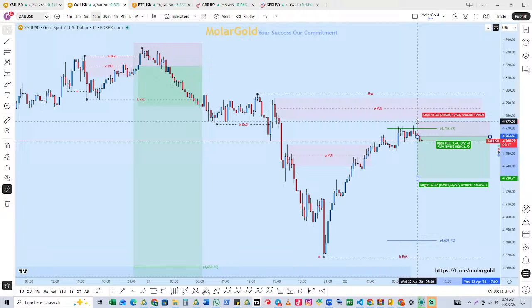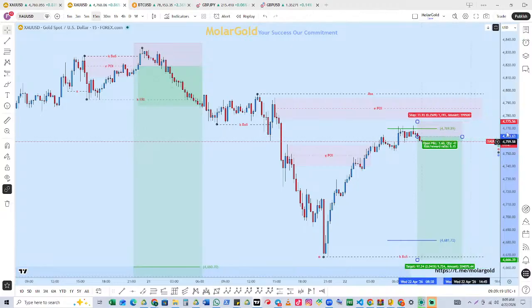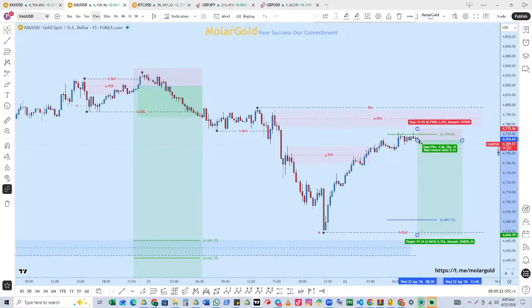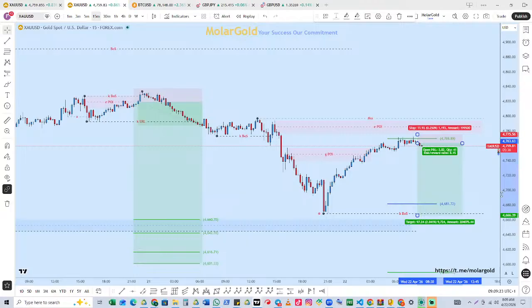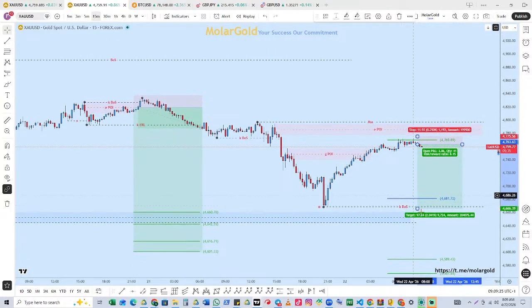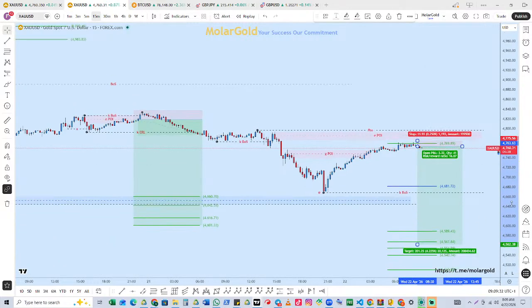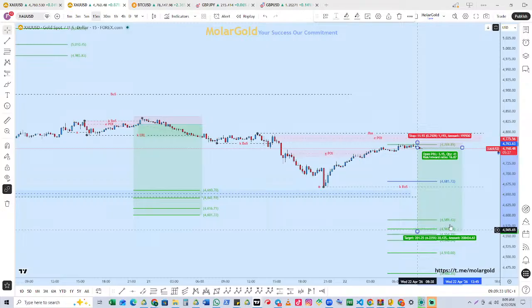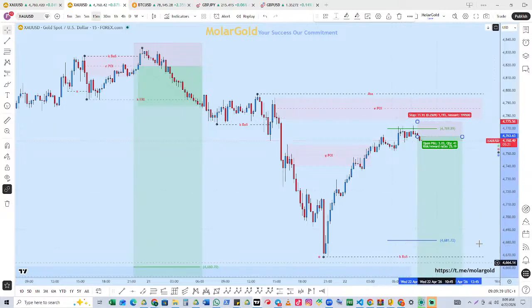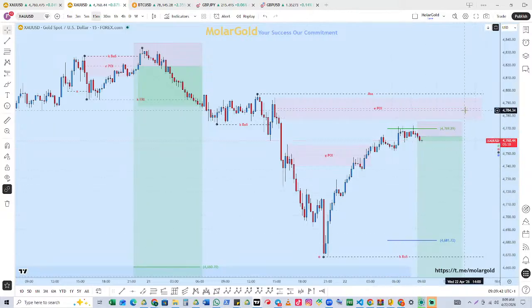Now you can see where the actual targets are. The targets are just below, down there. You can see them. A lot of them are down. That is why usually I just show you, because there are a lot of targets down.